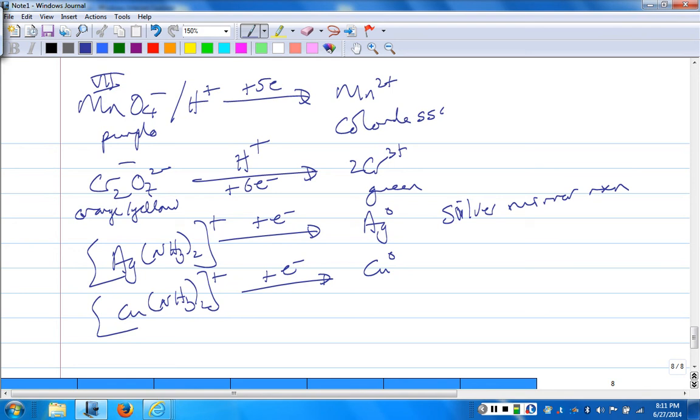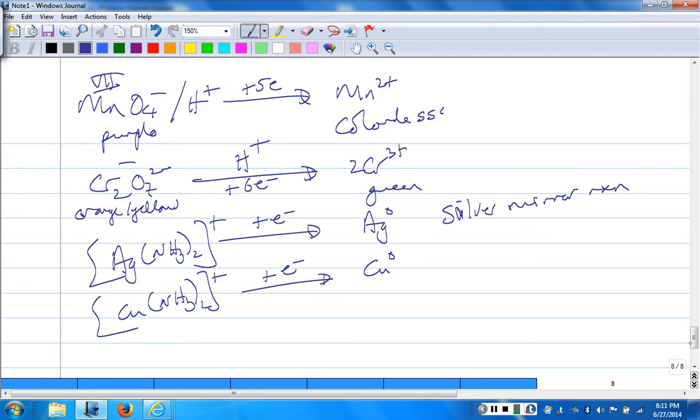I don't know why it doesn't do the same thing as the silver. Copper is in the same group as silver in the d block. I do not know why it behaves differently. It's some microscopic feature of the atoms, I suppose. But you don't get a copper mirror, you just get a reddish-brown mud.